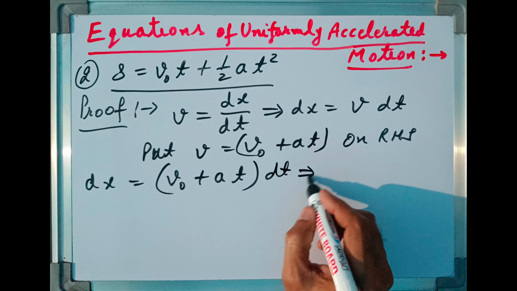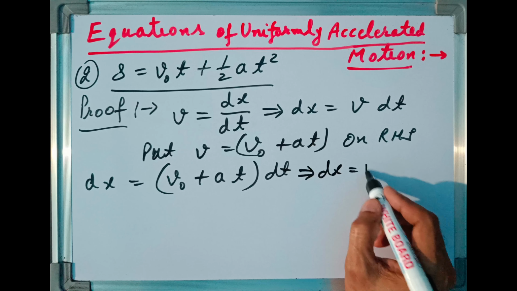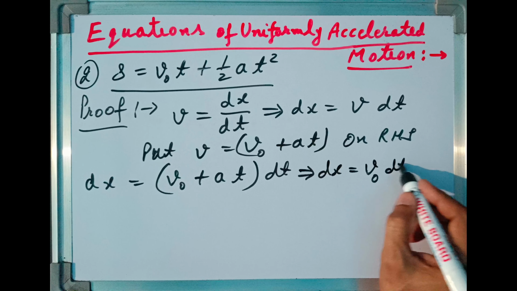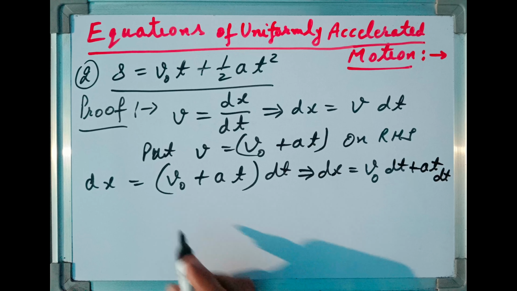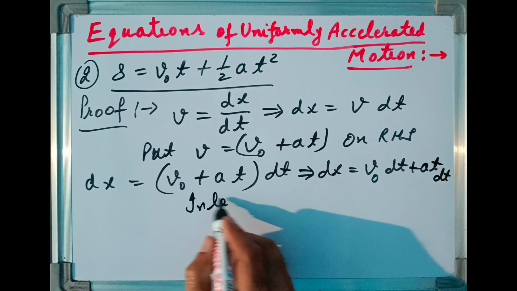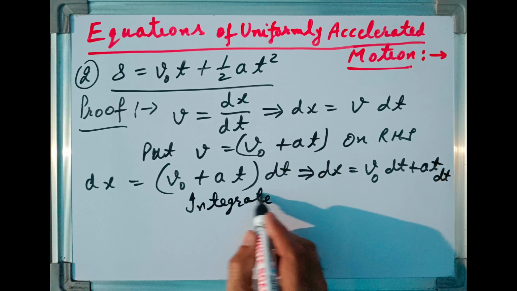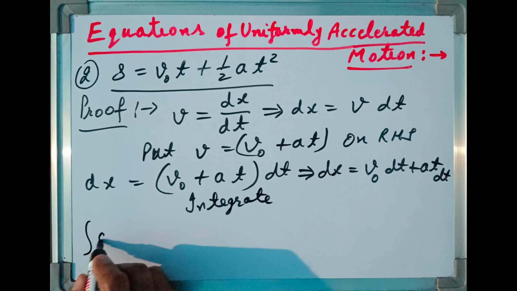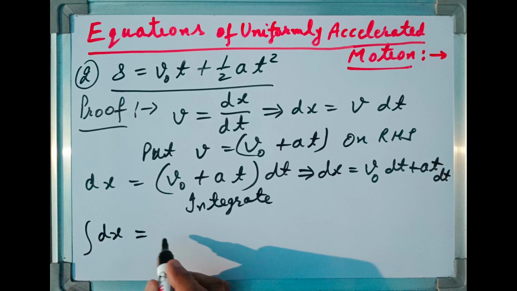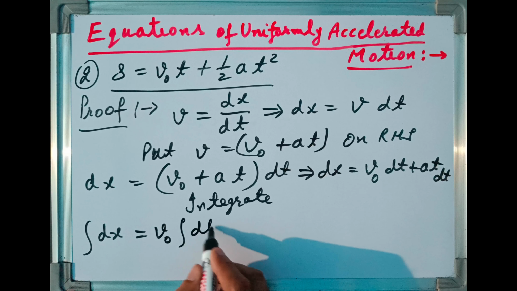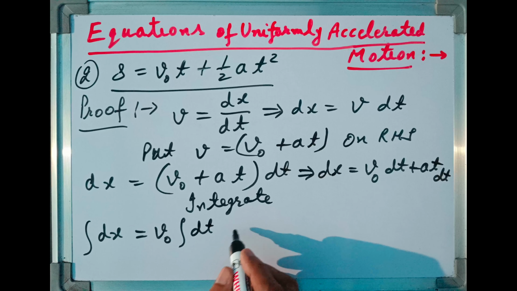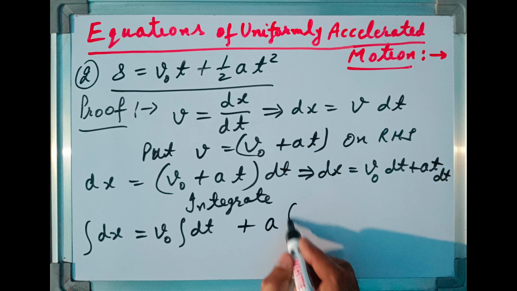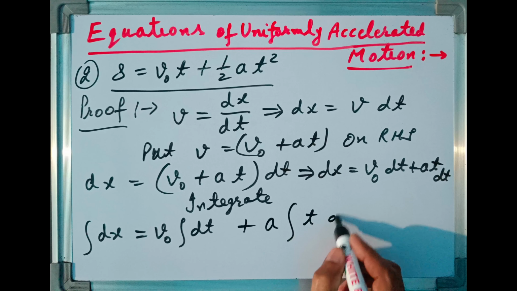This equation can be written as dx equal to v naught dt plus a t dt. Now we shall integrate both sides. After integration, on left hand side we are left with integration dx. On right hand side, first term becomes integration dt. V naught is constant initial speed, it can be taken out of integration, plus a, the constant acceleration, times integration t dt.